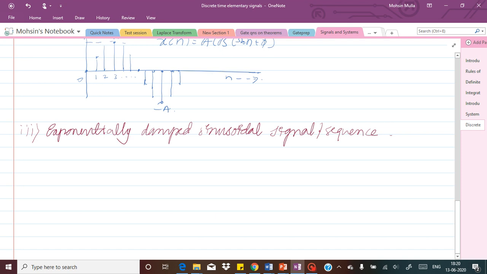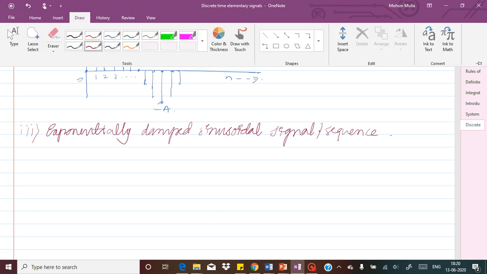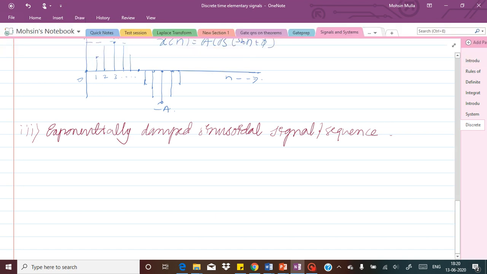So here, instead of drawing that signal, I can just give you the representation. It is given as x of n equal to, so the exponential term in discrete time is c into alpha raised to n, times sine of omega naught.